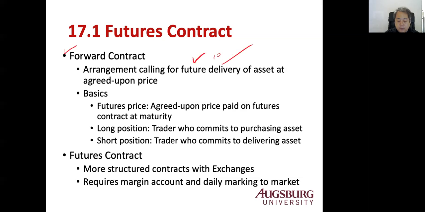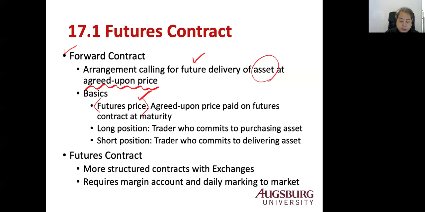So they have a delivery date, and they have an asset, here corn, and an agreed upon price, here $30 per bushel. Then this price they agree on is called the futures price. The $30 per bushel is the futures price.